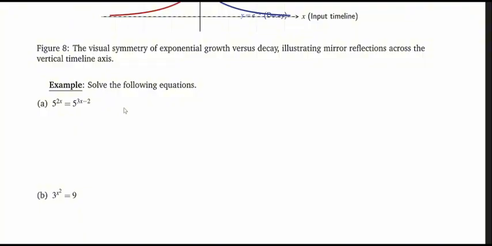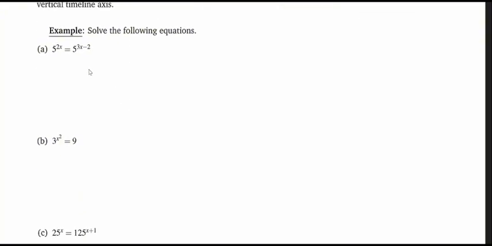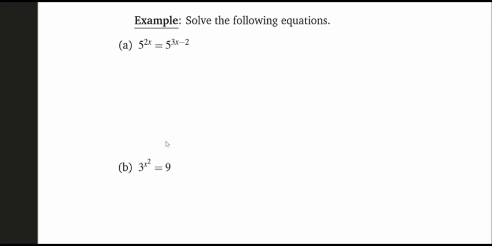Now, let's actually talk about how to solve these exponential equations that we did in class. Here we have 5 to the power of 2x, which is equal to 5 to the power of 3x minus 2. Let me double underline in green the equal 5s.